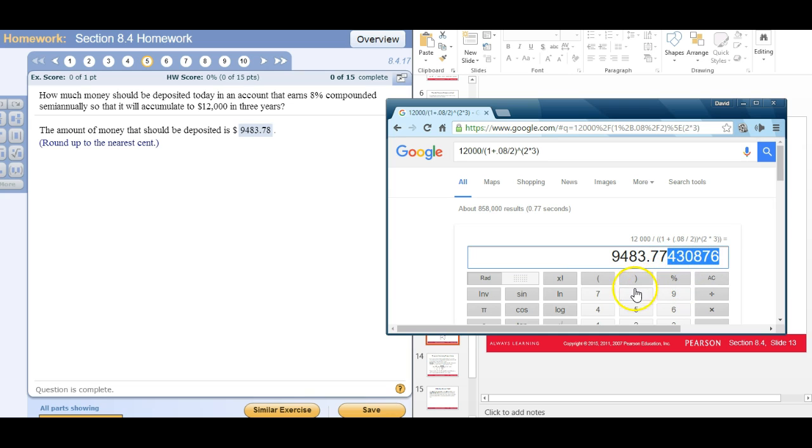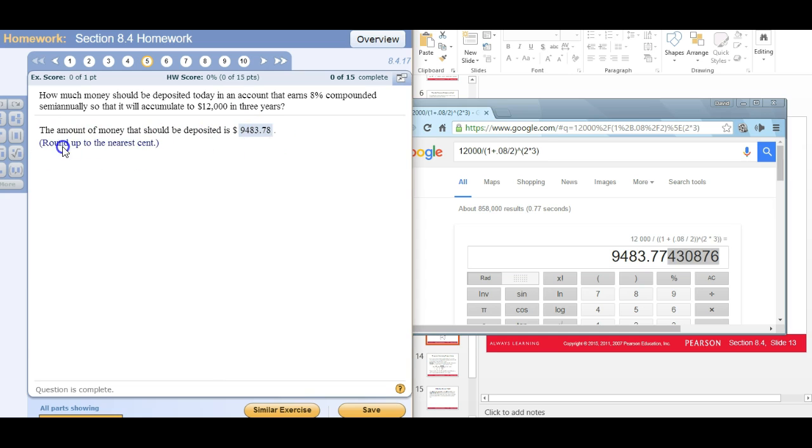If I took that away, I wouldn't be able to get to the 12,000. So in that case, I would have to round it up to the 78 because 77 cents would not get me there. It wouldn't be very far off, but it would be far off enough to where I wouldn't be exactly 12,000. So this one I did need to round up, but it also tells me right there, round up to the nearest cent.